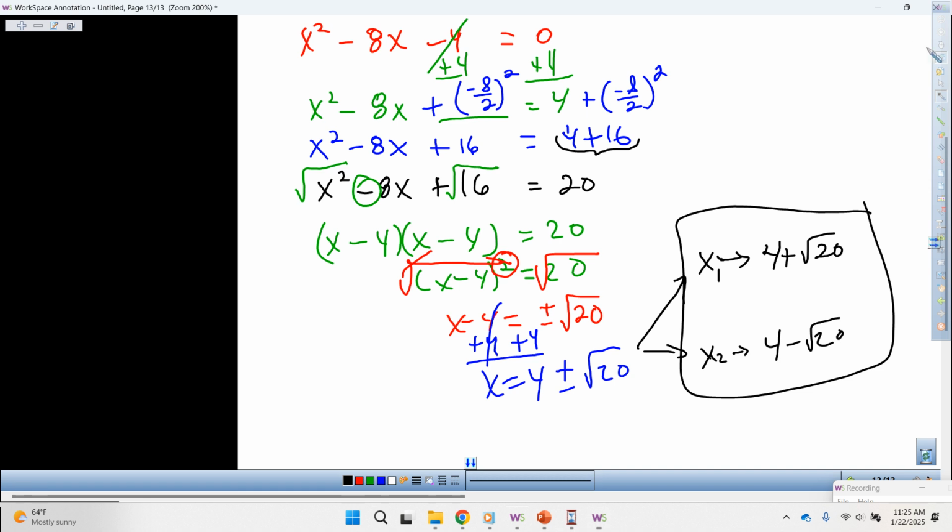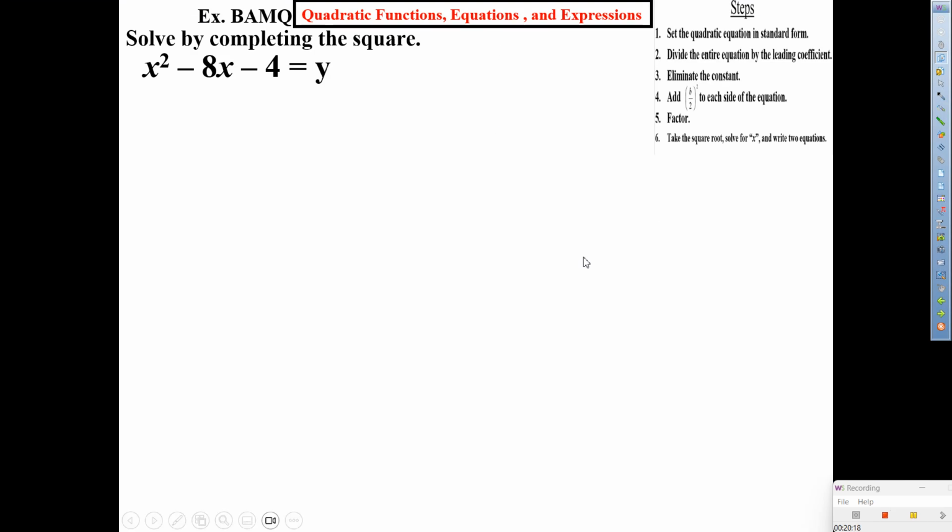Let's move on. Copy this one. Example mega Q. Negative 3x squared plus 18x minus 15 equal to 0.